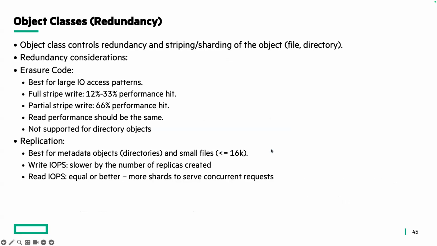So what does that mean when you set object class redundancy? What are the considerations when using replication or redundancy? Let's start with replication. Replication is very simple. With 3-way replication, you write everything 3 times to 3 different fault domains. It's best for directories and small files.